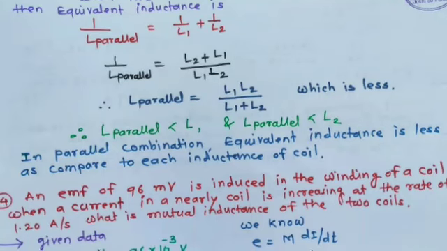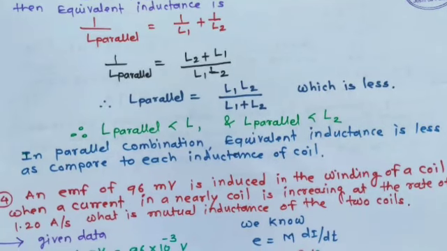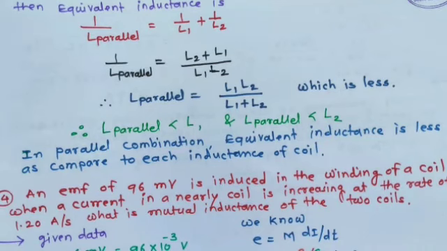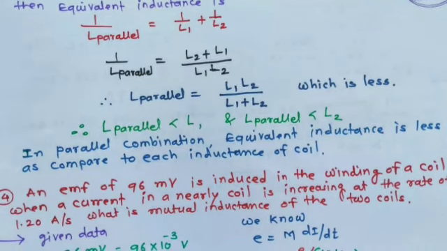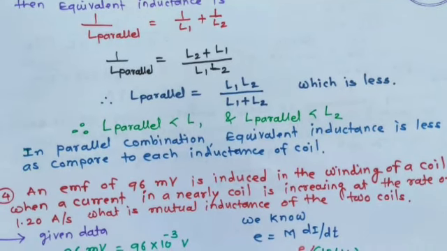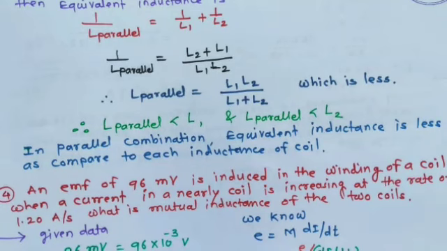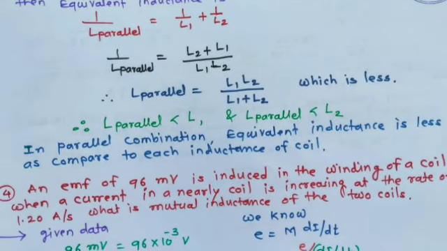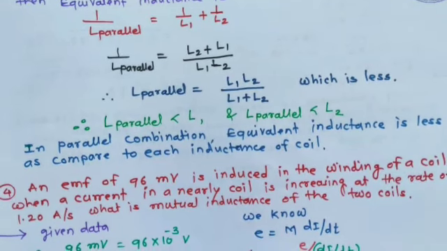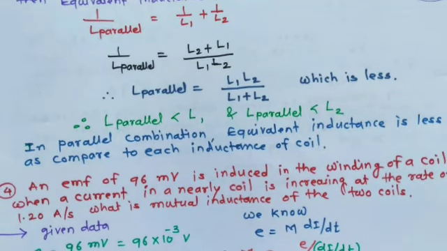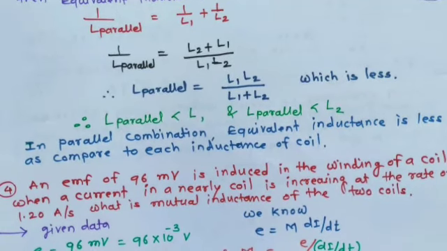So L parallel is less than L1 and L parallel is also less than L2. Means in parallel combination, the equivalent inductance is less as compared to each inductance of the coils.